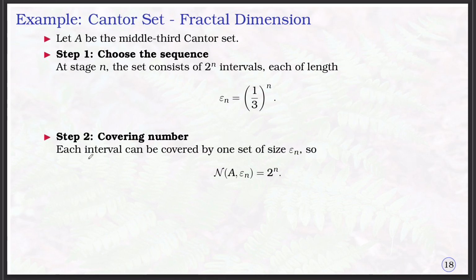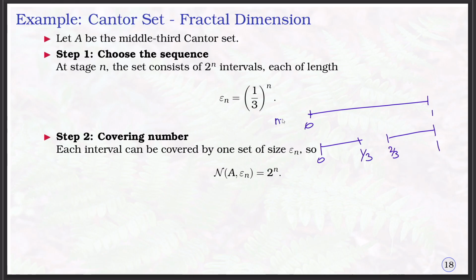Now, each interval can be covered by one set of size epsilon n. For example, we start with 0 comma 1, and after the first iteration we get 0 comma 1 by 3 and 2 by 3 comma 1. So, after the first iteration we are getting 2 sets.